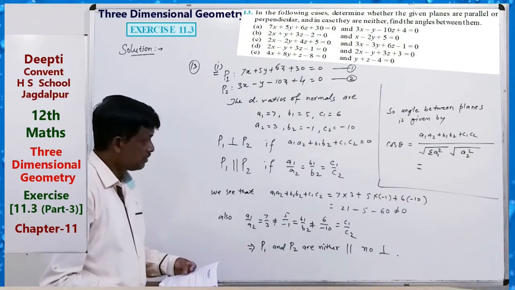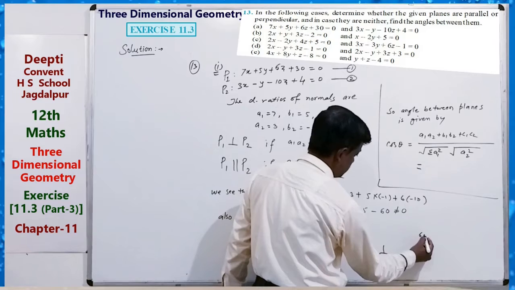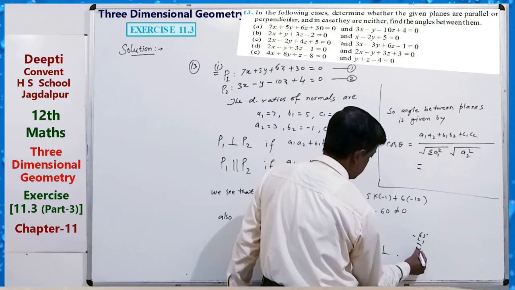Okay. So here just what? 21 minus 5 minus 60 gives minus 44.